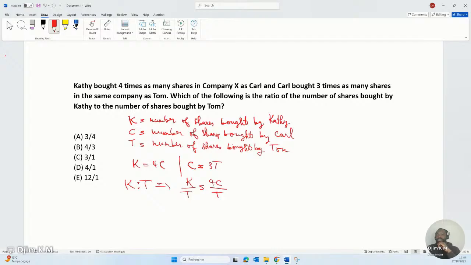But we know that C is equal to 3T. So this will give us 4 times 3T over T, which is 12T over T. This will be 12 over 1.